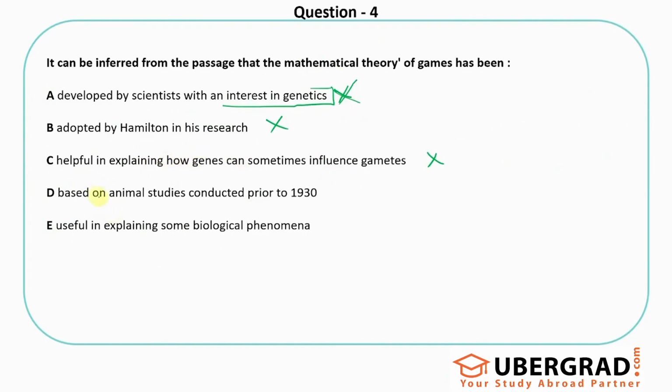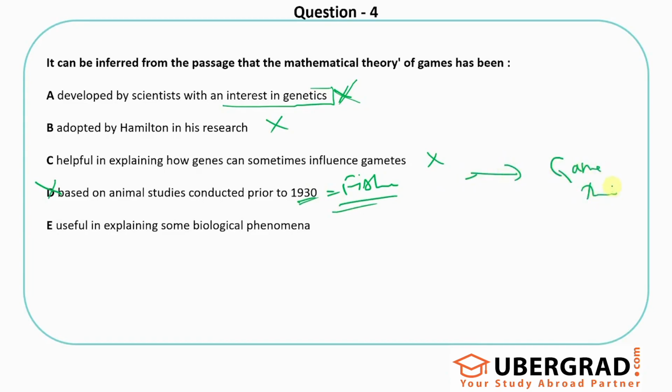Based on animal studies conducted prior to 1930, again that's wrong. Even before Fisher came up with this theory in 1930, right? Fisher came up with his remarkable evolutionary stable strategy, and this was discussed before game theory was even talked about.